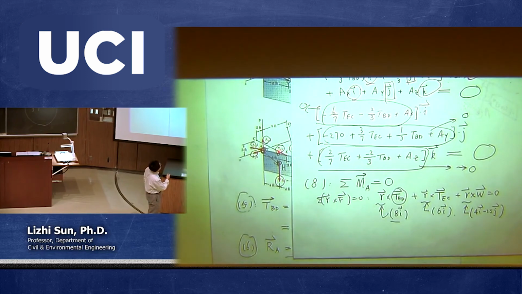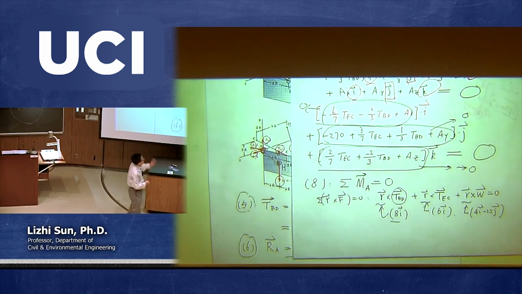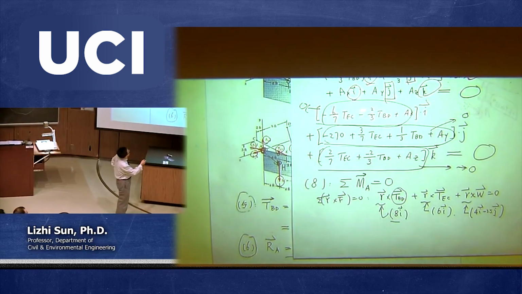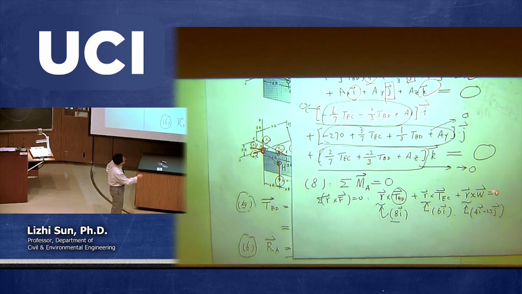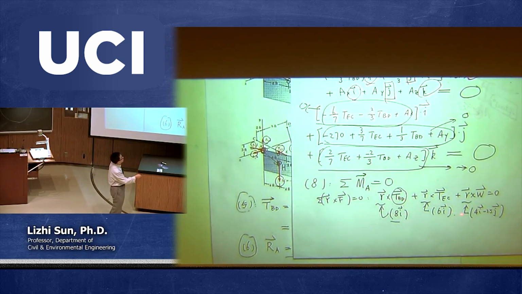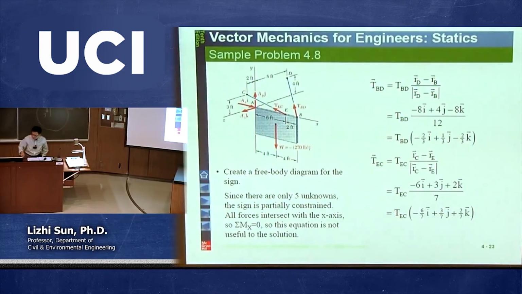And also TBD, the TEC and TBD. So 1, 2, 3, 4, 5. You have 5 unknowns, but you do have 5 equations. Equation number 1, equation number 2, equation number 3. From this vector equation, you end up with another 2 equations. Okay? Because due to the time, let me just quickly show you from the slides.